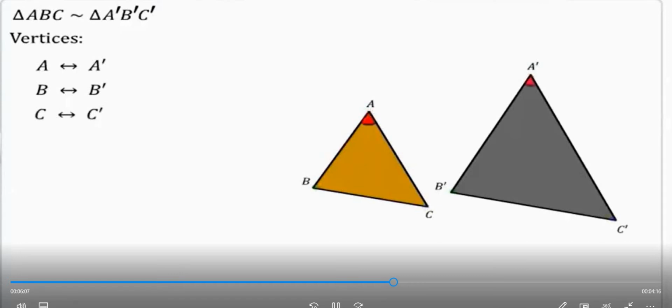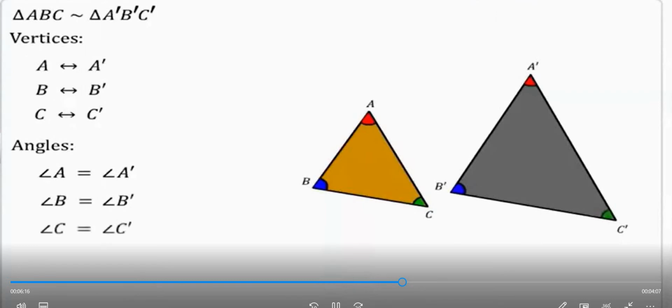Similarly, angle A is equal to angle A dash, angle B is equal to angle B dash, and angle C is equal to angle C dash. And all pairs of corresponding sides of the triangles are proportional. Note that the same ratio of the corresponding sides is referred to as the scale factor.